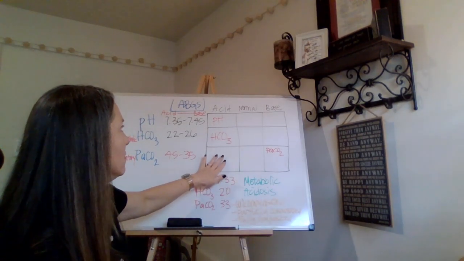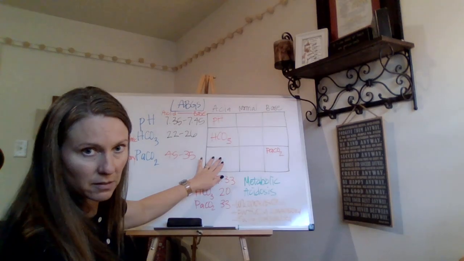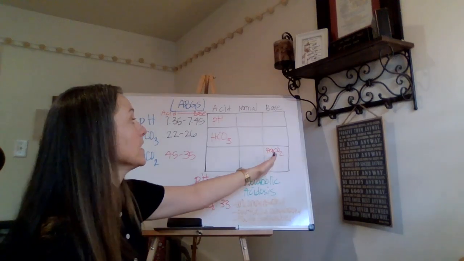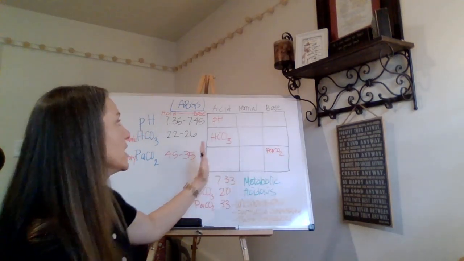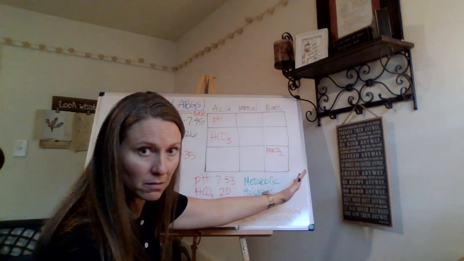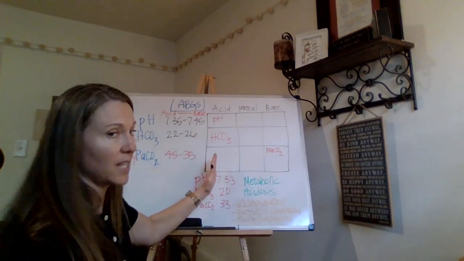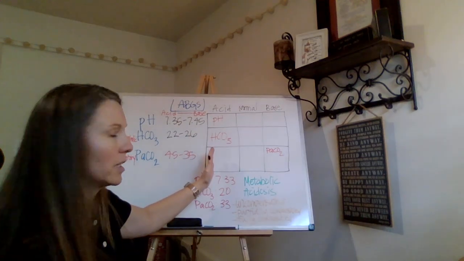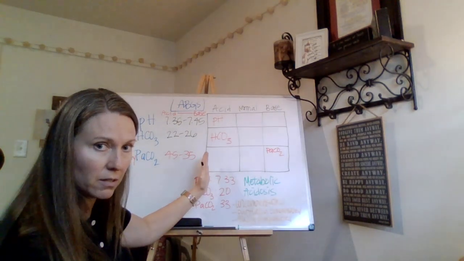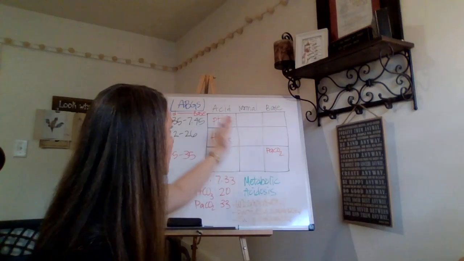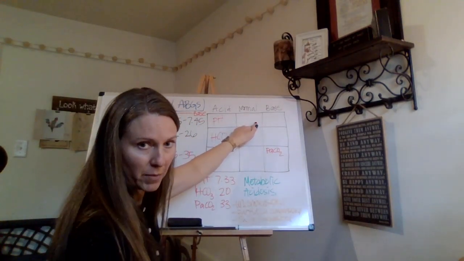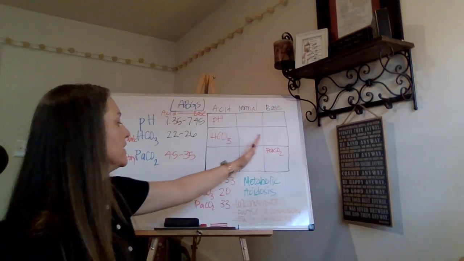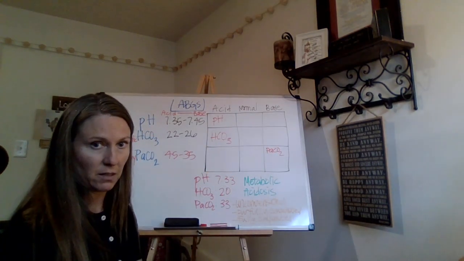My body is in a state of acidosis, so the opposite system, the respiratory system, is making itself base to compensate as much as it can for the acidotic problem, to help pull that pH to the middle. So this is partially compensated.